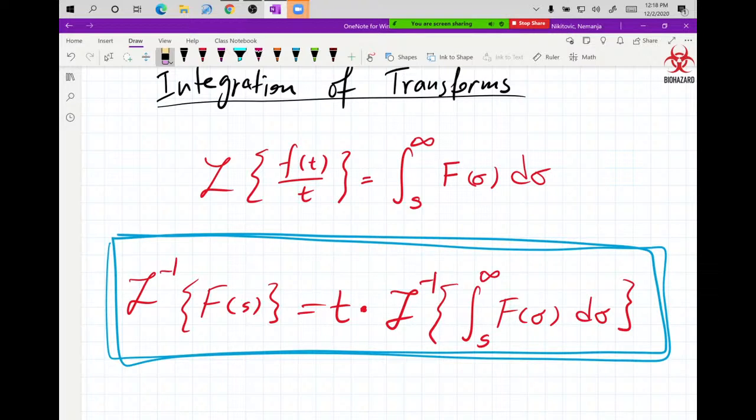You just go through the calculation, and then instead of dividing by negative t, now you're multiplying by t, and you're integrating your F. I'm just looking for an example somewhere for the integral transform.